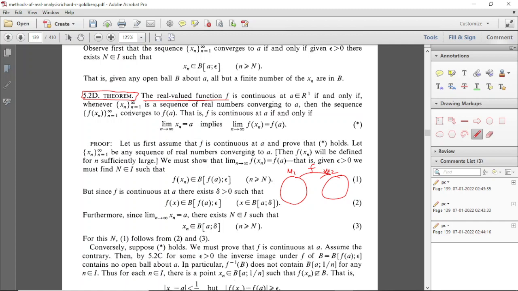What happens if xn is a sequence of points converging to a real number a, then there exists a corresponding sequence f of xn converging to f of a. That is, if xn converges to a, the f of xn sequence converges to f of a.